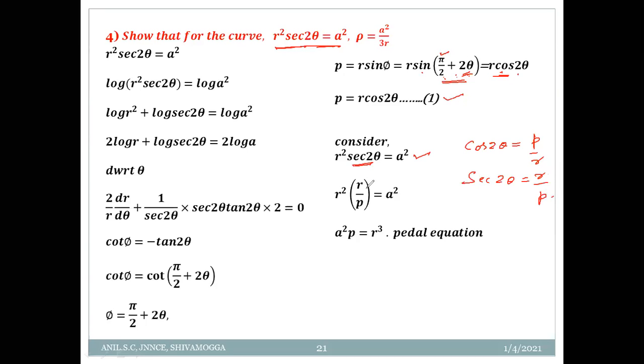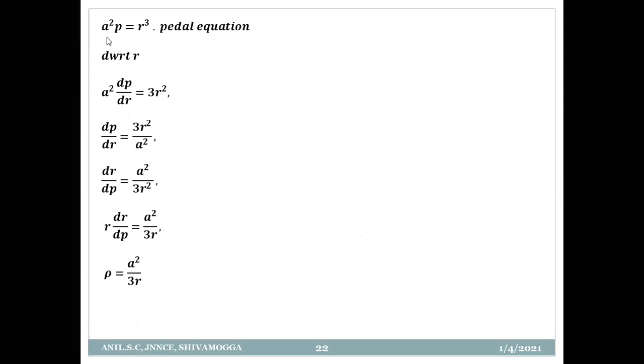Substitute. r square into r by p is equal to a square, so r cube is equal to p into a square. This is the pedal equation of this given curve r square secant 2 theta is equal to a square. a square p is equal to r cube.